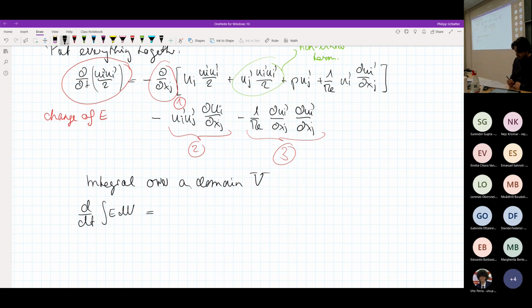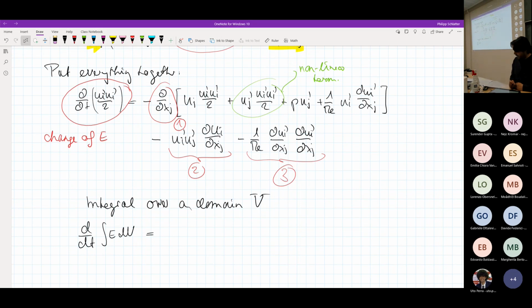This is now the same as, well, if I now do an integral over a divergence, what happens then? I do a volume integral over a divergence. Well, that means that actually there will only be the boundary terms left. Okay? So that means what is left of term number 1 is essentially 0, except for the boundary terms. But if I now choose my domain to be large enough, then these terms actually become 0.